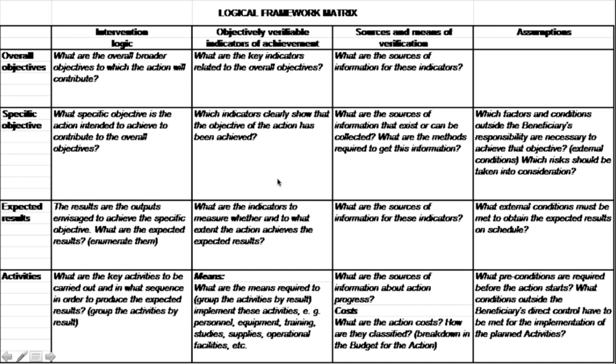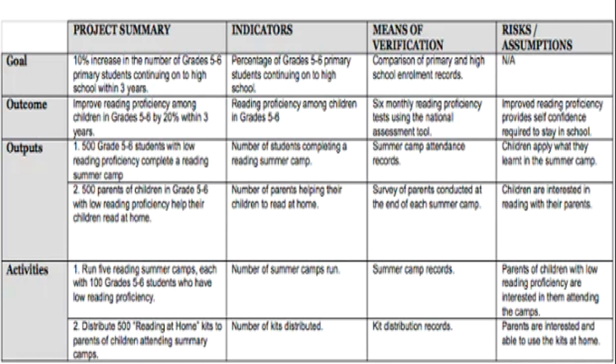But what is key for you are the indicators in this column. When you understand that these are the indicators I'm going to be measuring, I need to be capturing, then you can be sitting back and relaxing as the day goes by. All right, so this is another example of a logical framework.